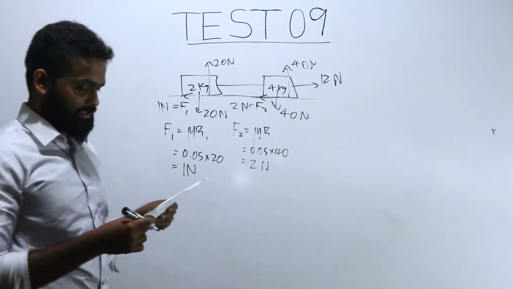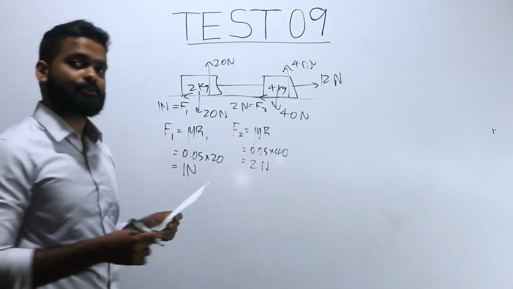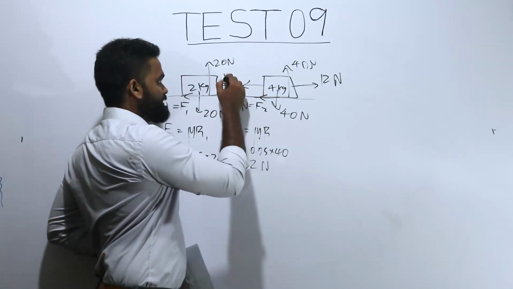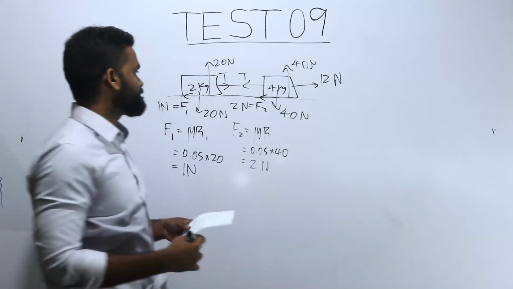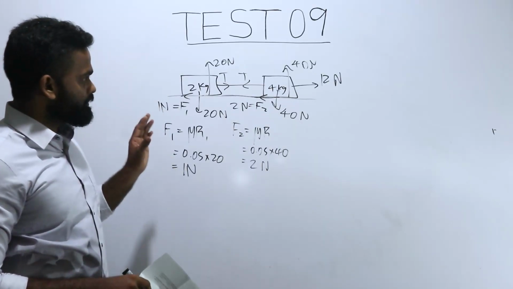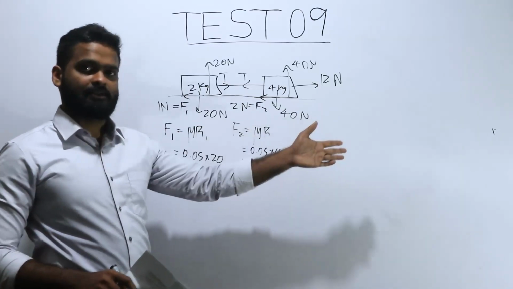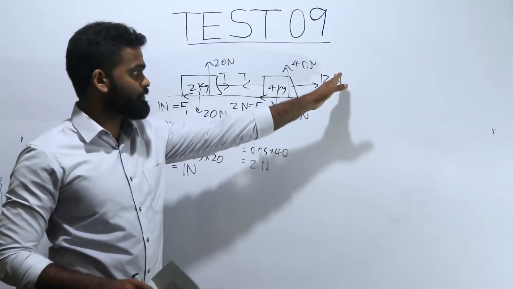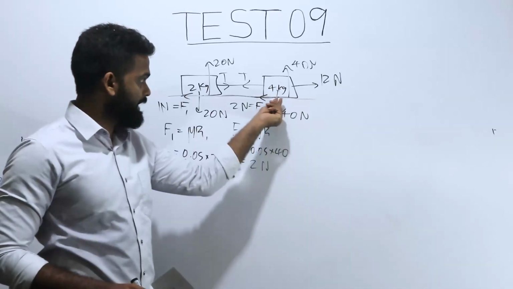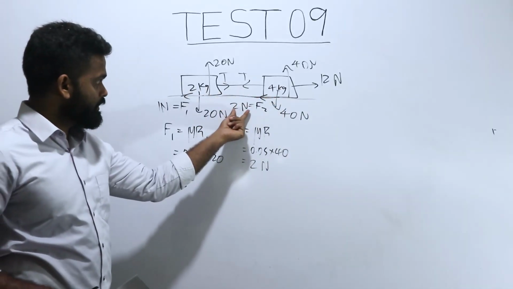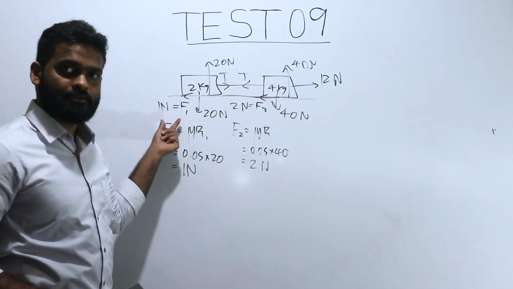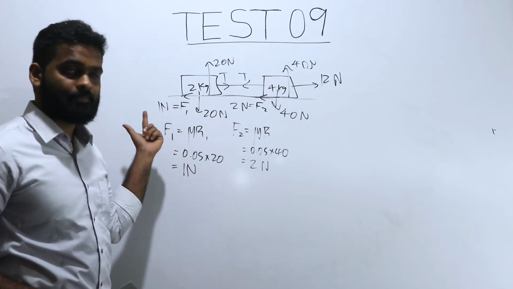Then what they ask is the tension of the string. This tension. So in order to find that, it is obvious that this system has to accelerate, right? There's a 12 Newton force applied to this side, and to the opposite side there's only 2 Newton and 1 Newton. That is 3 Newton to the opposite side.